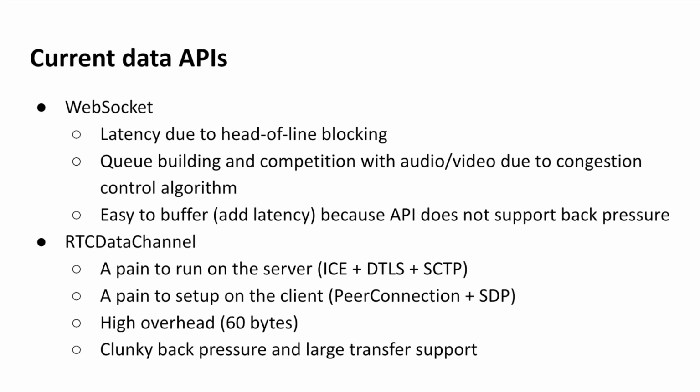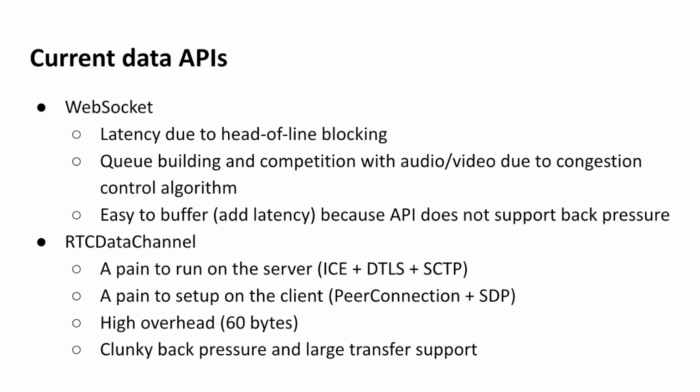These two APIs have a lot in common. They use a very similar messaging API. They also have a great deal in common with respect to their drawbacks in terms of congestion control. WebSockets runs on top of TCP and RTC Datachannel on top of SCTP. In practice, they use New Reno congestion control.